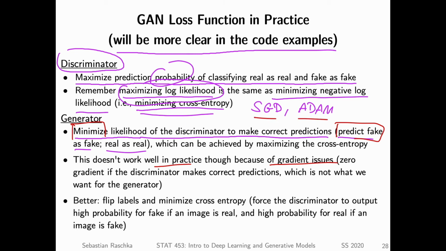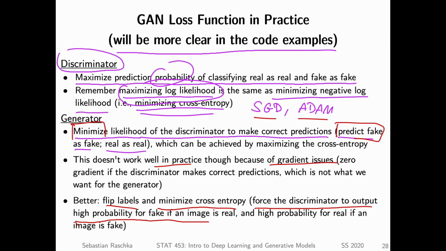So how can we turn the trick that we applied on the previous slide into a minimization problem? We can do that by simply flipping the labels. We flip the labels of the real and fake classes, and minimize the cross entropy. That forces the discriminator to output high probabilities for fake if an image is real, and a high probability for real if the image is fake.